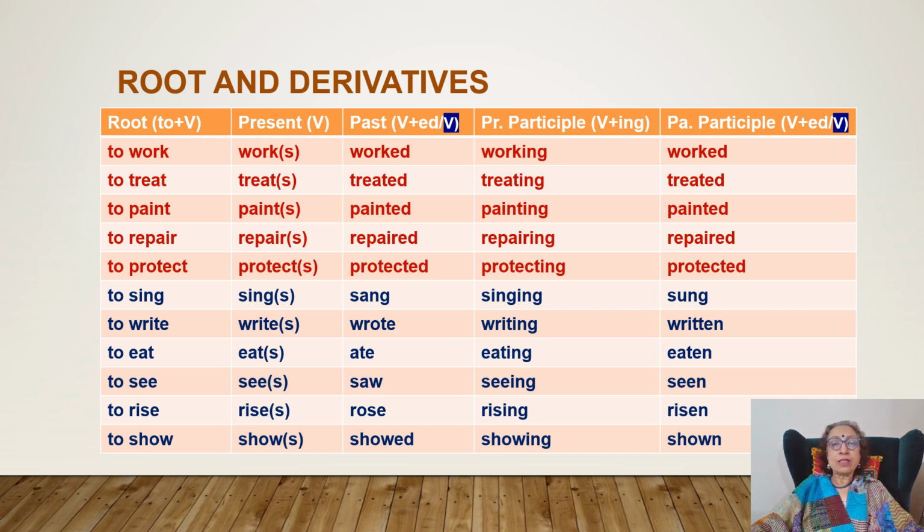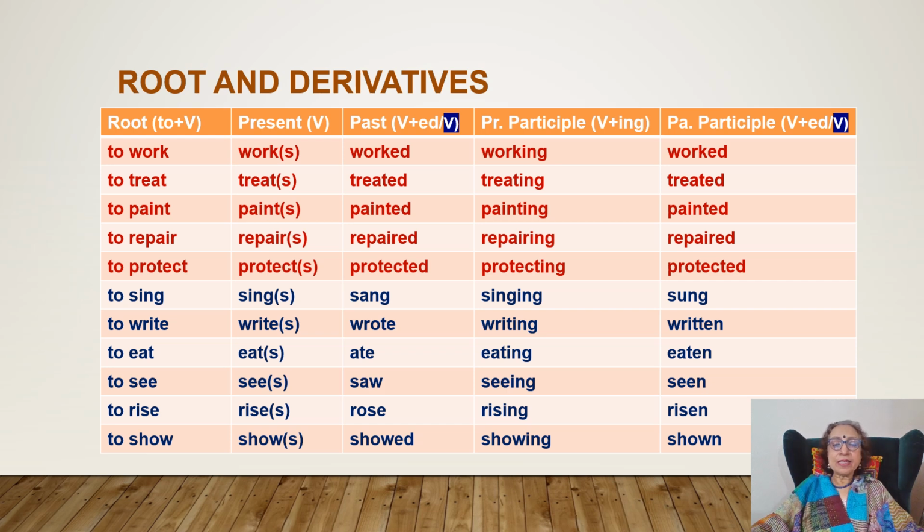The singular third person pronouns use a singular form of the verb, and that is verb plus s. So you can see to work is the root, to treat is the root, to paint is the root, to repair is the root, to protect is the root, to sing, to write, to eat, to see, to rise, to show. These are all the root forms.